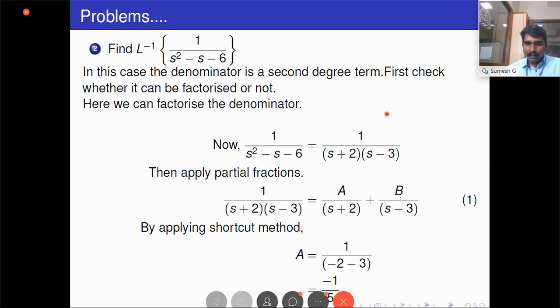And to find B, we have to substitute s equal to 3 except this factor. So B equal to 1 by 3 plus 2, which becomes 1 by 5.